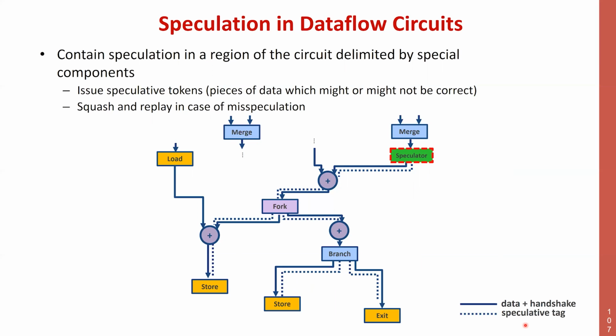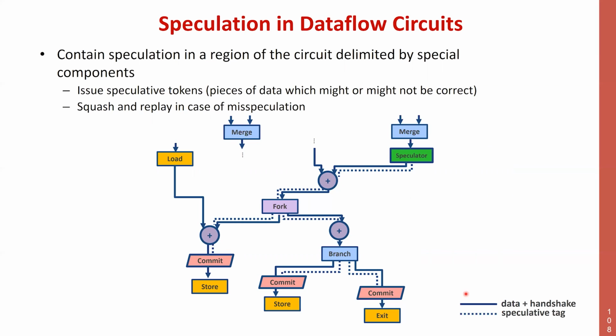We start modifying memory or other things observable by the user before knowing that they are correct. So what we do here is that we insert some commit units that essentially block anything that arrives that is speculative and wait for some confirmation that the speculation was correct before releasing.